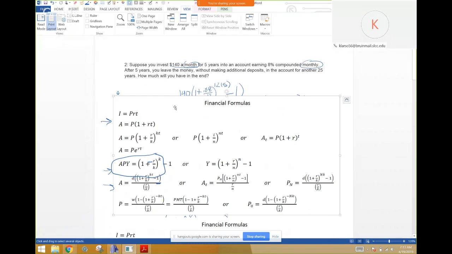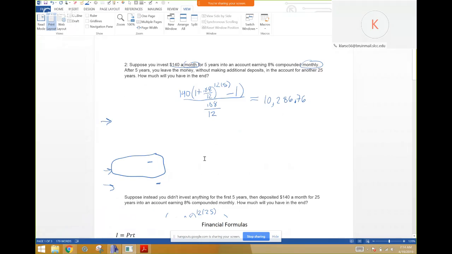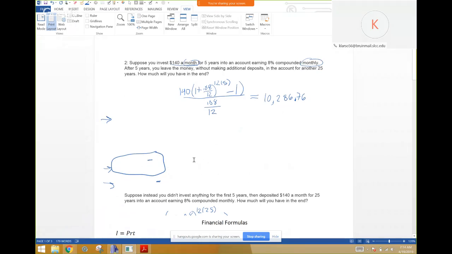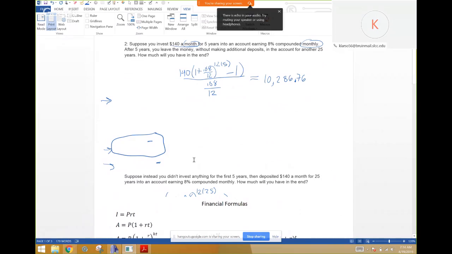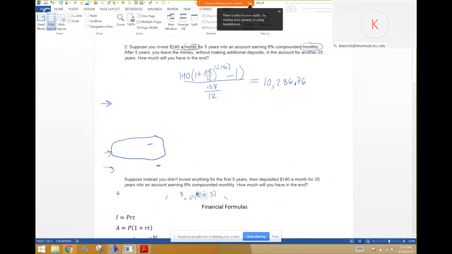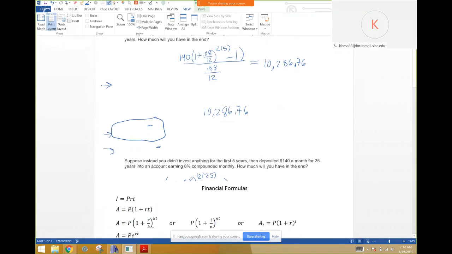Okay, so that was the next one that I would try. I'm going to take that amount I just got, 10,286.76, and put it in this formula down here, if you can see it: A equals P times 1 plus r over k to the kt.